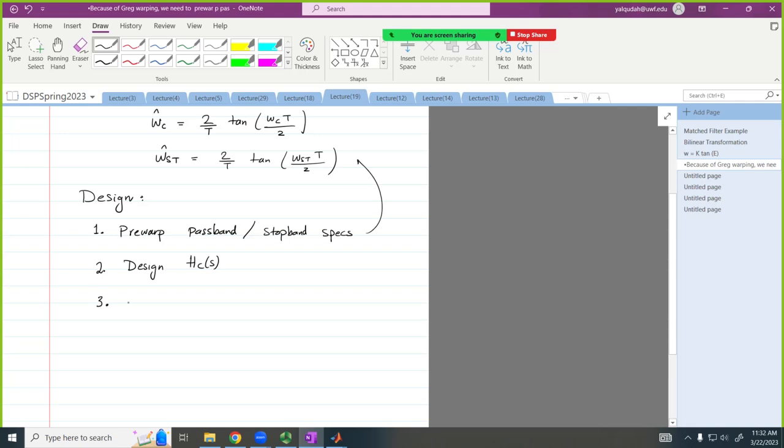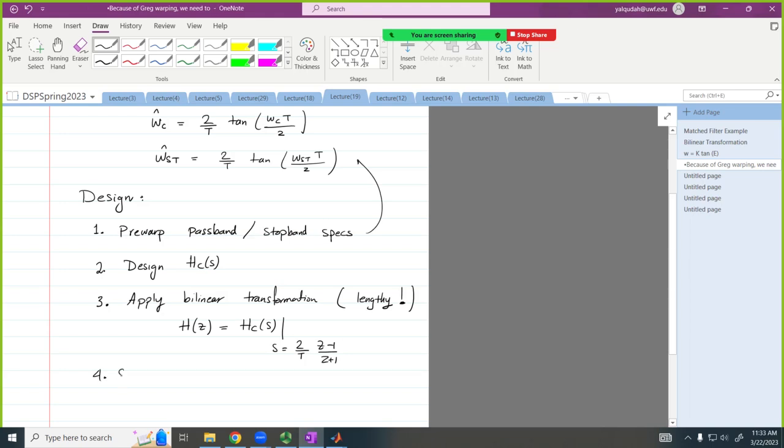And the third step, we're going to apply the bilinear transformation, which is very lengthy. From the bilinear transformation, we're going to get H of z from the filter, replacing s with 2 over T, z minus 1 divided by z plus 1.